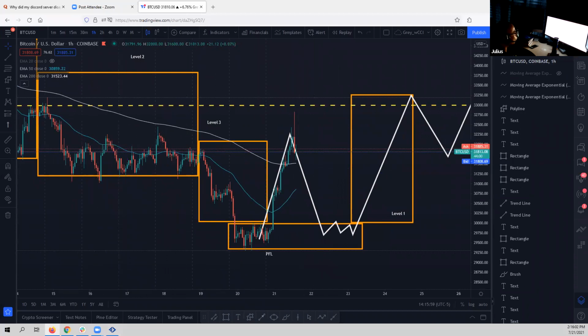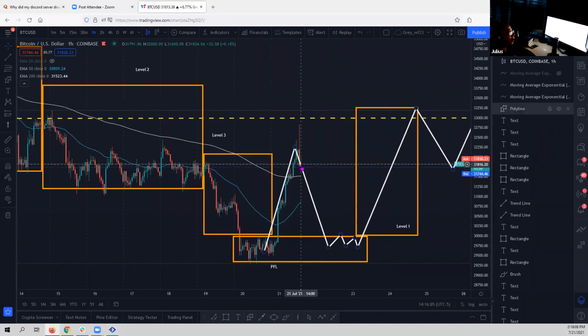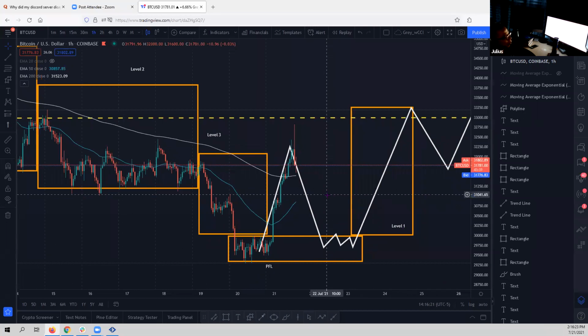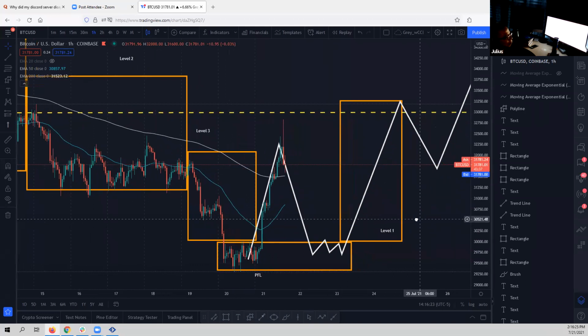Also, I'm going to do a really tight stop. Now, the reason why I'm doing only a small amount is because take a look at the time frame. It's 2:16 in the afternoon. Ideally, I like to find my entries in Asia when the new market opens.